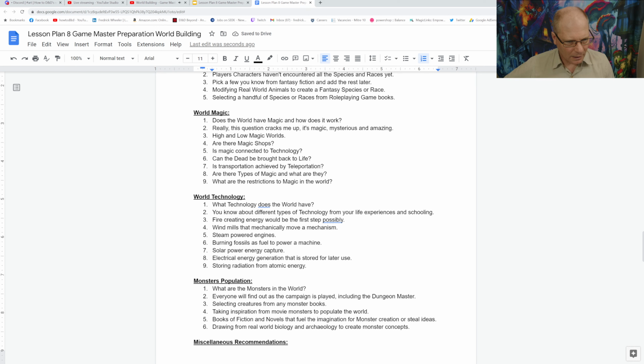Fine, so be it. Windmills that mechanically move a mechanism. Steam-powered engines. Burning fossils as fuel to power a machine. Solar power, energy capture. Electrical energy generation that is stored for later use. And then storing radiation from atomic energy. So these are all things that we can sort of, that's pretty much our scale, I guess.